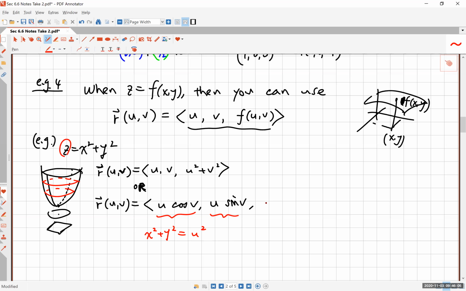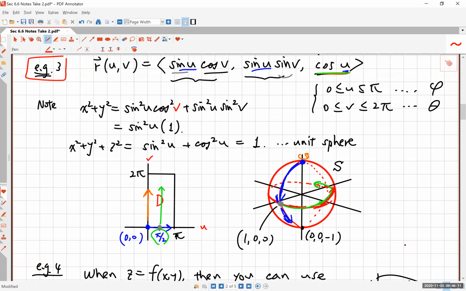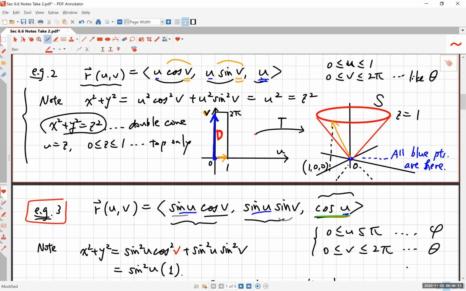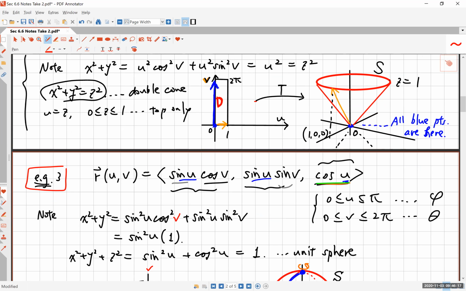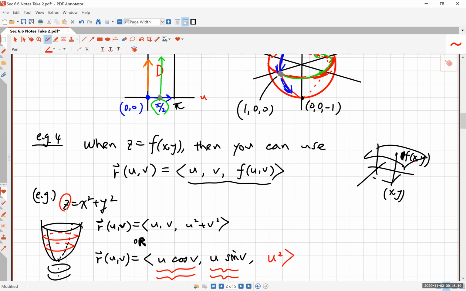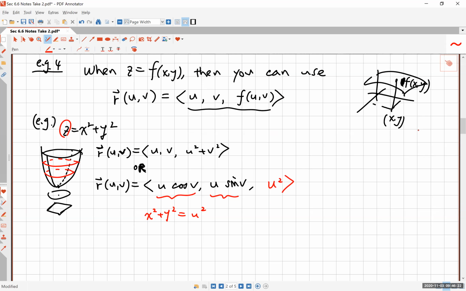So then you just insert u squared here. Now this is very similar to what you saw earlier for the cone, except in the cone you only had u as your z. But if you let z be u squared, then you have the equation z is x squared plus y squared, and that is a parameterization of the same surface S, but this is the polar version.